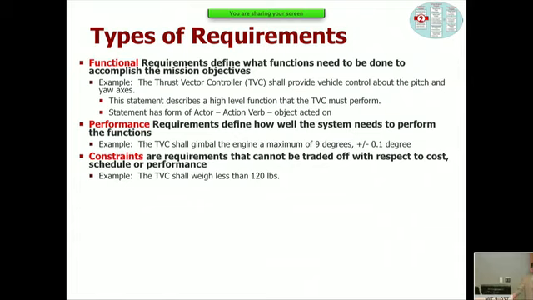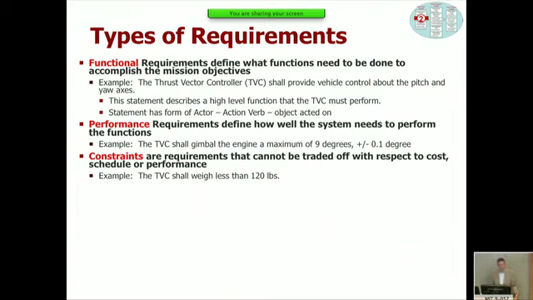Whether it's through a gimbal or the actual mechanism is not described here. All that's described is the angular range, essentially. That is a performance requirement. But you'll see there'll be some examples of things that are putting limits on the form, which looks more like a specification.